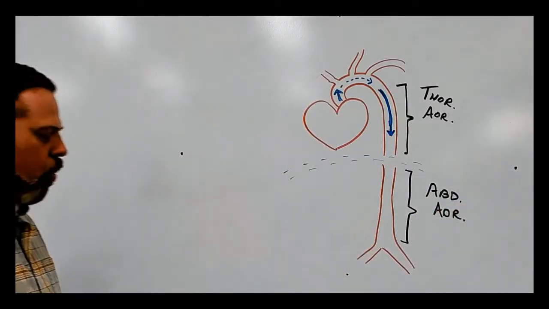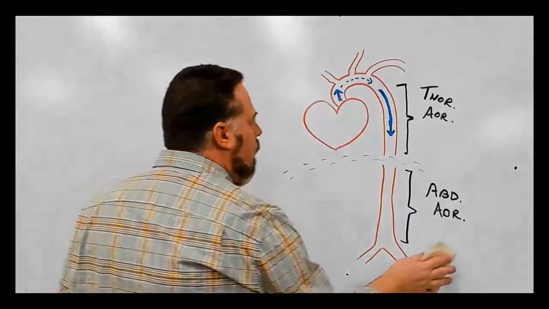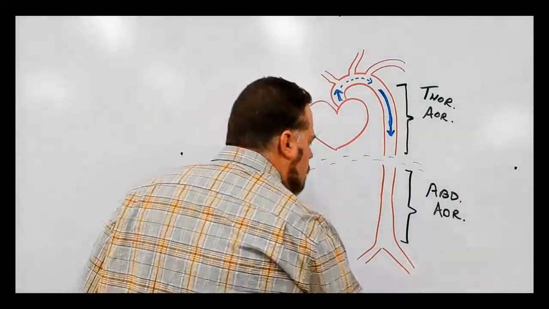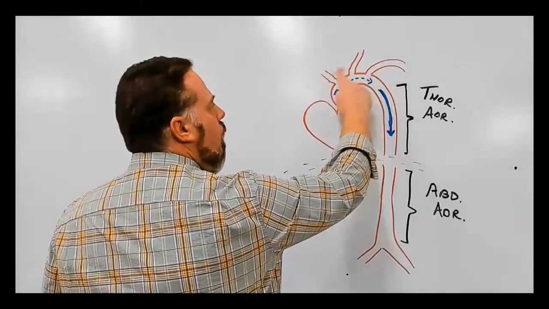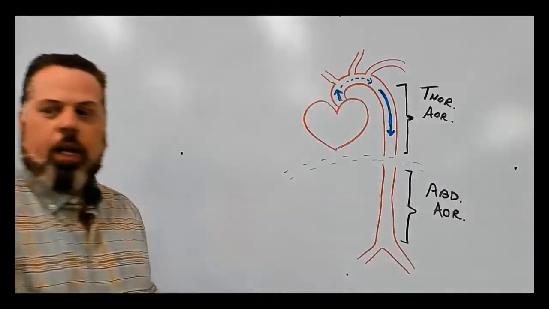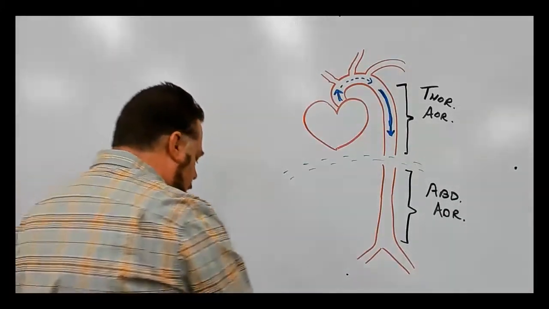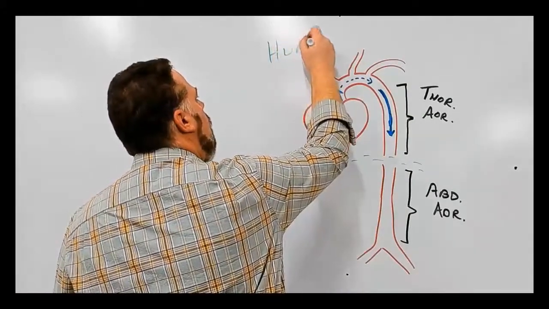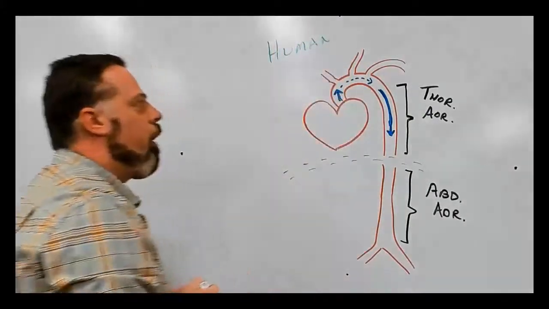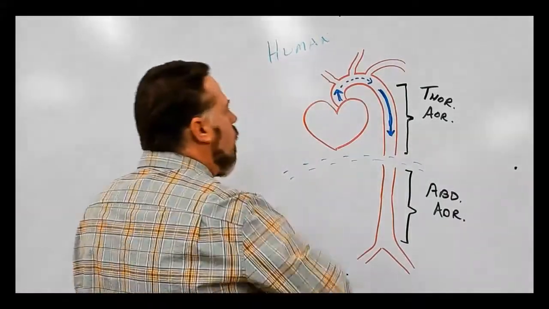Just a quick review, but I'm going to erase this now because I'm going to eventually draw something behind here. Actually, we'll just leave it and I'll erase it in a moment. What I want to do is spend time talking about what's different in the pig. In the human, we're going to see that there's three branches coming off the aortic arch.